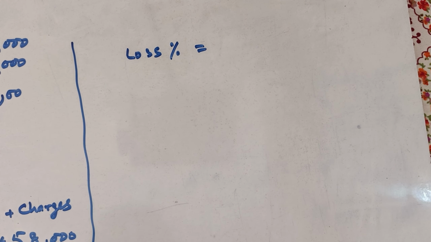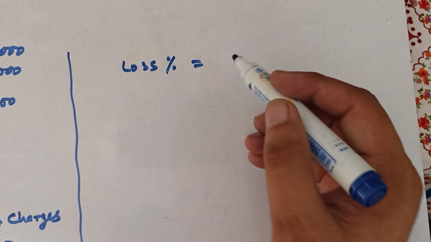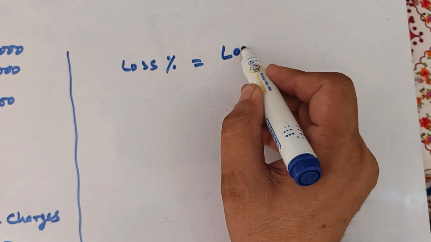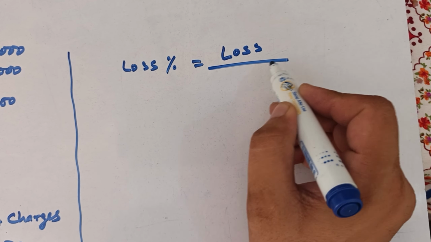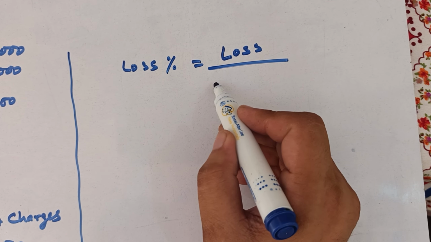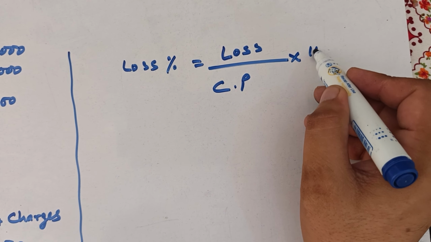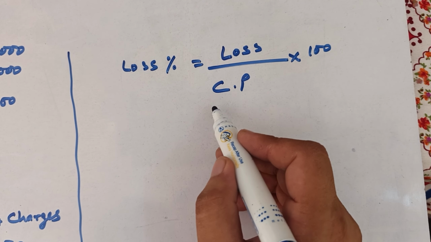Yes, now we are moving toward the loss percentage. So loss percentage is found by this method: loss divided by cost price multiplied by 100. So loss, we know what is loss.